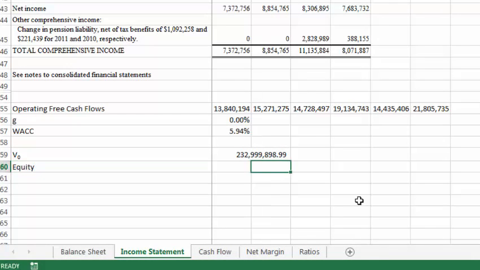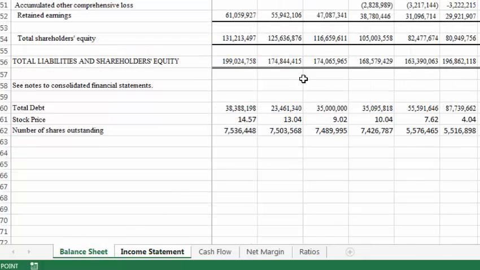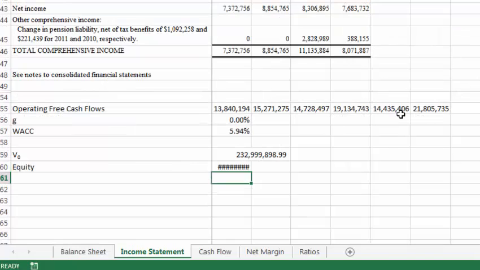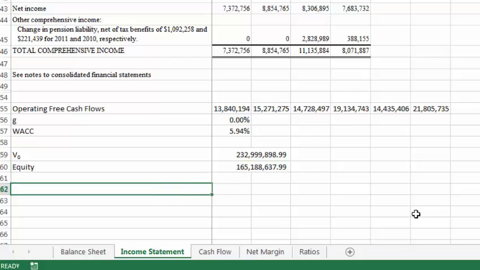By the way, I happen to know that this firm actually trades below its book value of equity, so I think we're going to be high with that 0%. But anyway, equity is equal to value of the firm minus the book value of the liabilities. So I'm going to just look at the book value of all liabilities outstanding. We're going to get some huge number, and again I'm just going to make that wide right there so I can take a look at it.